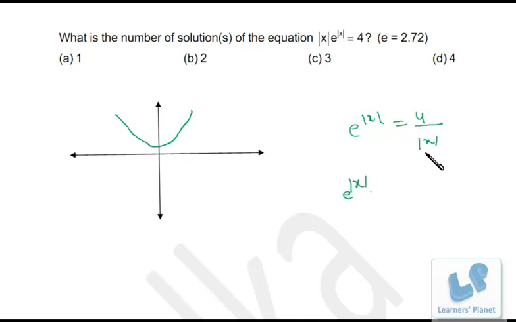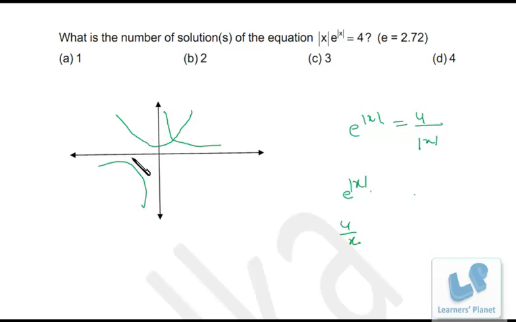Now the graph of 4 by mod x. The graph of 4 by x will be in the first quadrant and in the third quadrant, right? So it's something like this. So this is the graph of 4 by x. Now x is converted to mod x. That means whether x is positive or negative, y will be positive only, right?